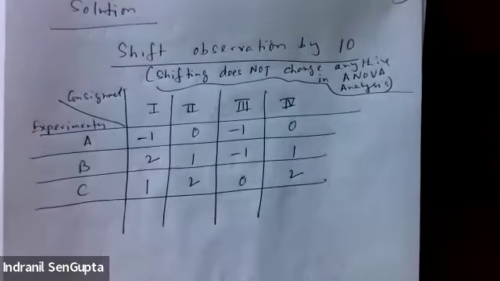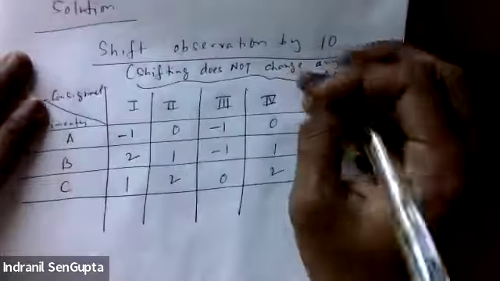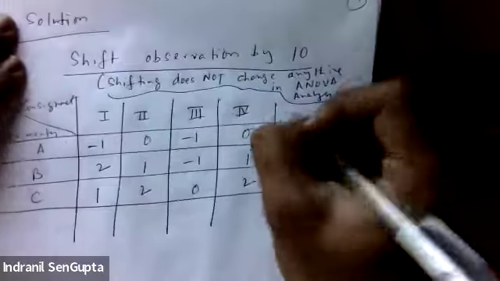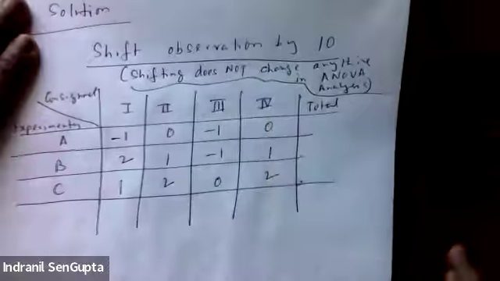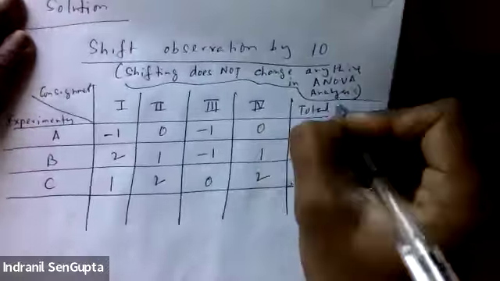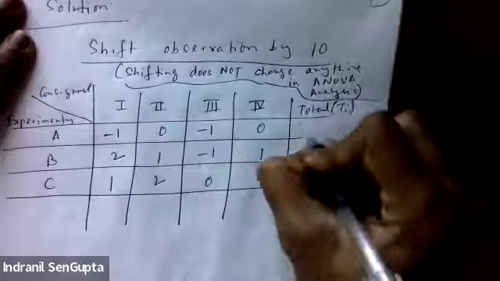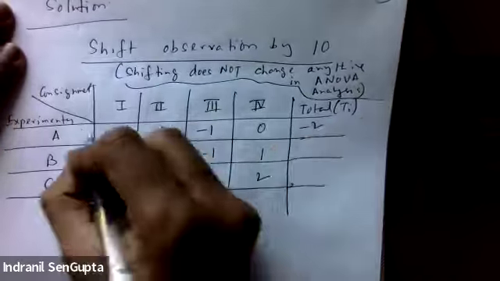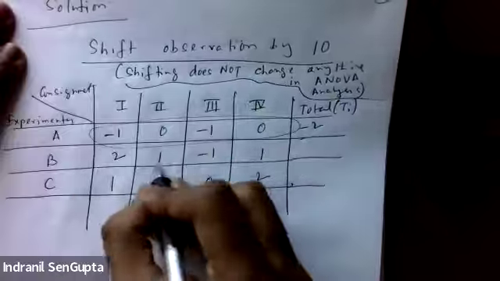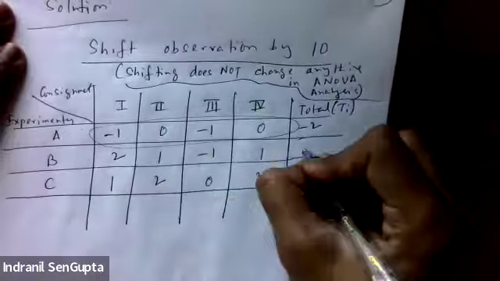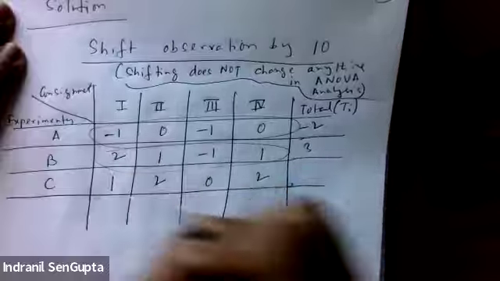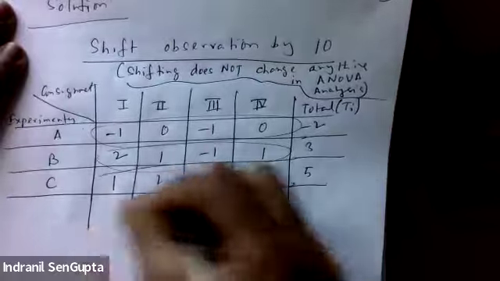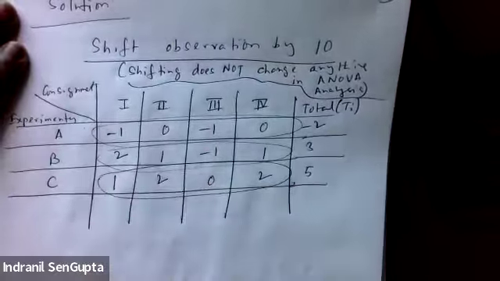then let's compute the totals. So let's write the totals here. Total, which we write as T sub i. Here it's -2. Or the total of this one is -2. 2 plus 1 minus 1, 1. It's 3. It's 5, which is called Ti.